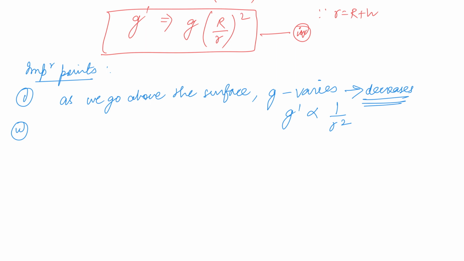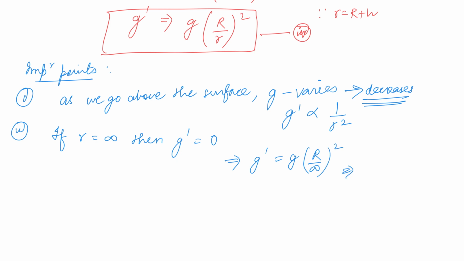Second, suppose the value of r is infinite, we have taken the point far enough out of the gravitational field of the earth, then this g dash will be 0. Why? Because the expression will become g dash equals g R upon infinity square, and we know that 1 upon infinity is 0.